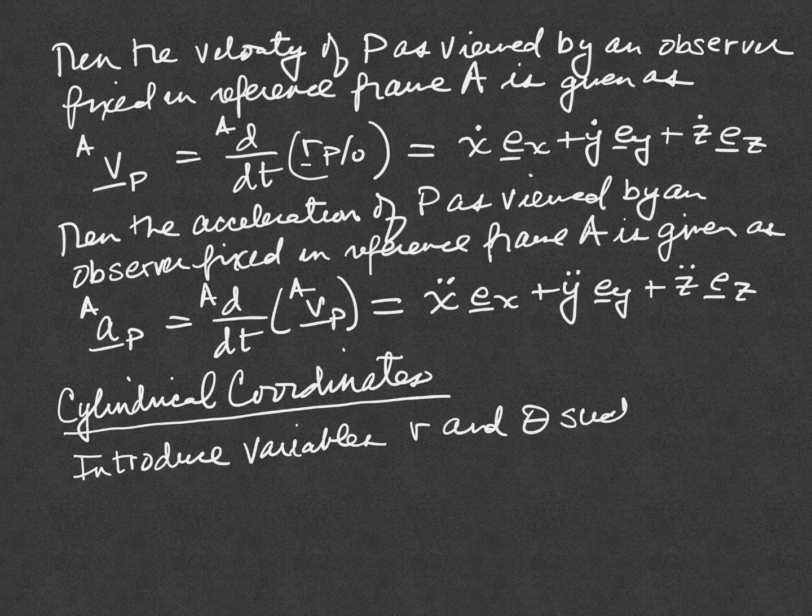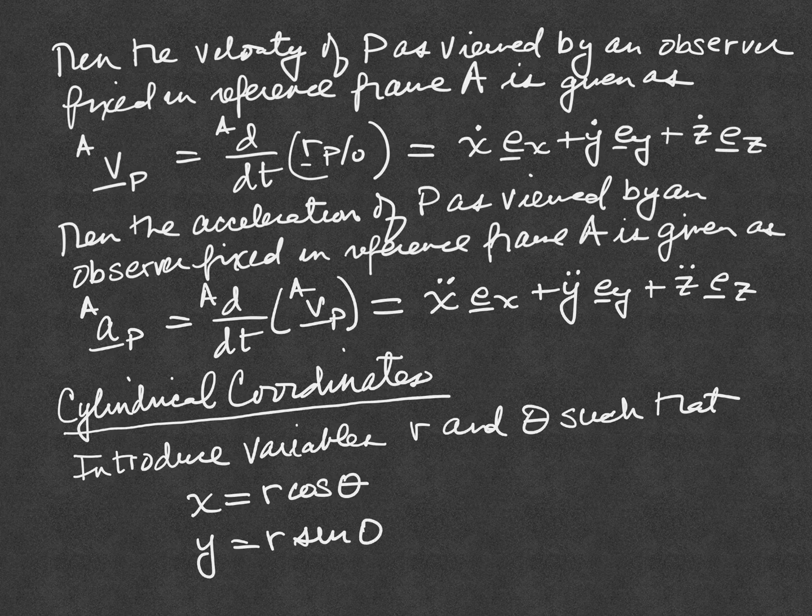And we're going to introduce them in not just any old way, but in a way that has a particular structure. And what it's going to be is that x is equal to r cosine theta and y is equal to r times the sine of theta.